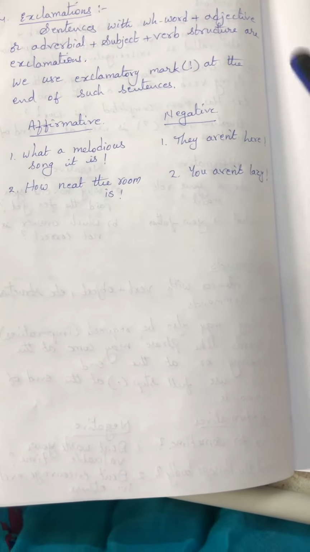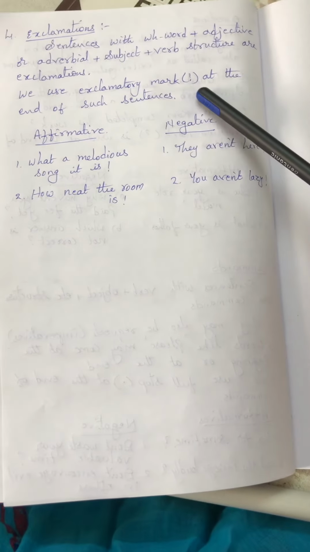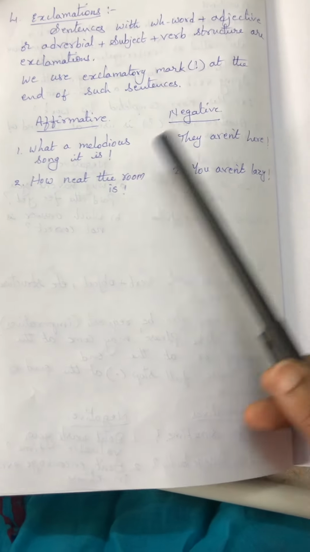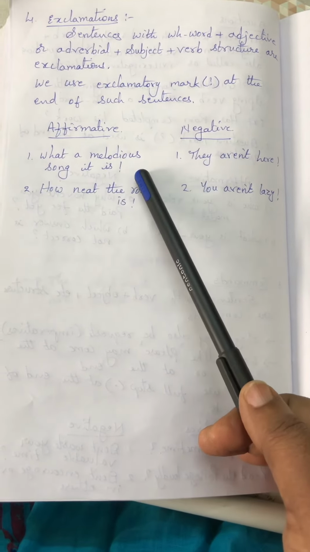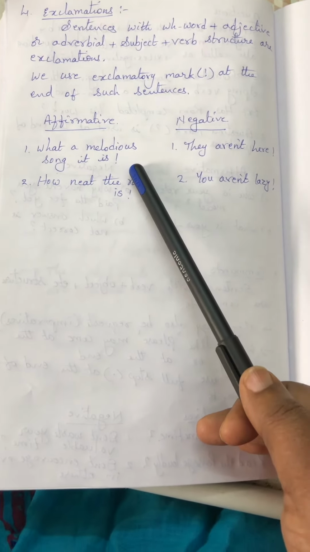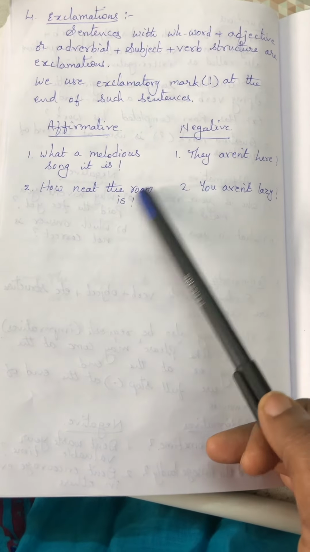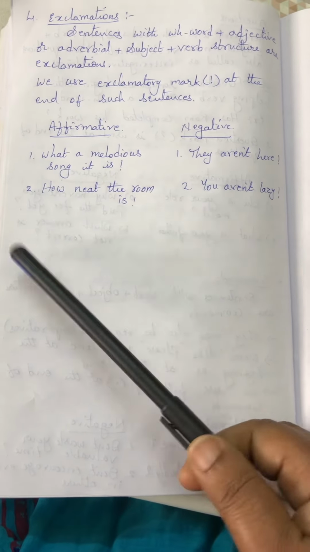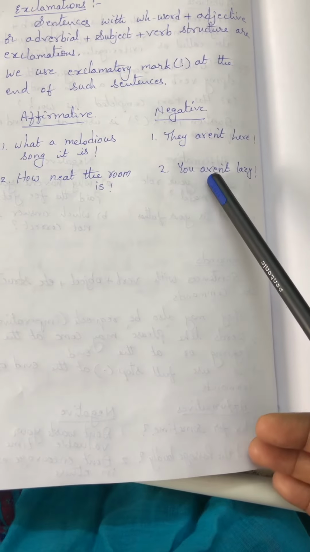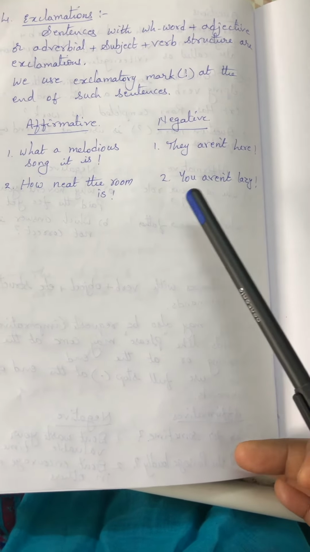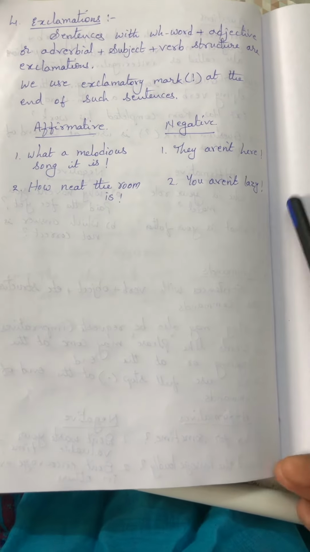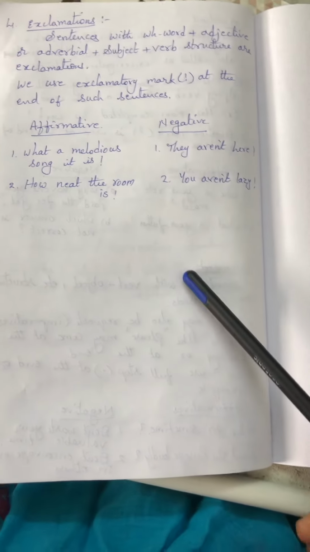Every exclamatory sentence must have this exclamation mark at the end. See the affirmative positive exclamation: what a melodious song it is! How neat the room is! And for the negative exclamations: they aren't here! You aren't lazy! Like this we express our feelings.